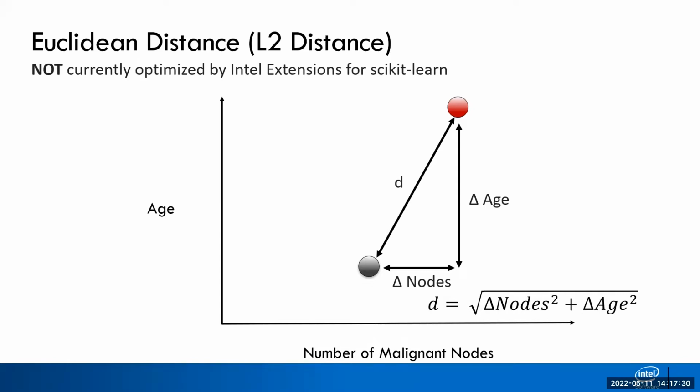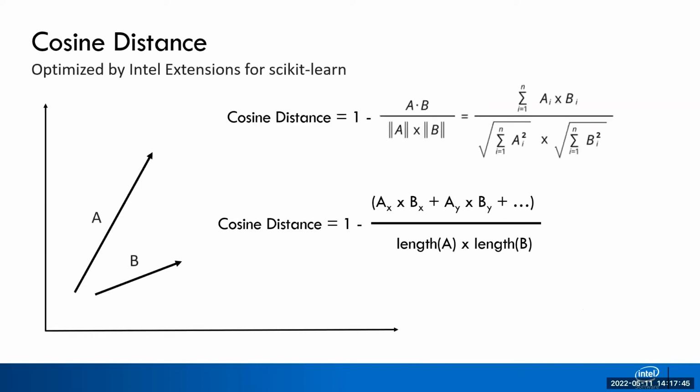One thing I want to point out is that scikit-learn doesn't support the L2 distance or L1 distance for calculating the pairwise distance. It only supports calculating the cosine distance and the correlation distance.